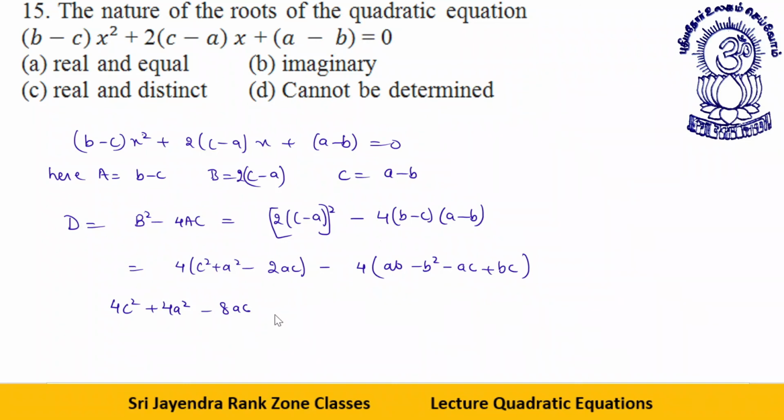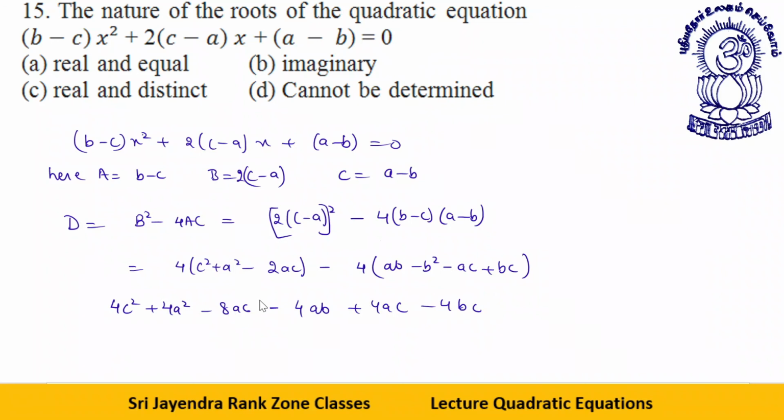Then it comes out to be minus 8ab, sorry, 4ab, minus 4ab. Then minus 4 into minus 4ac will be plus 4ac. Then minus 4 into bc will be minus 4bc.